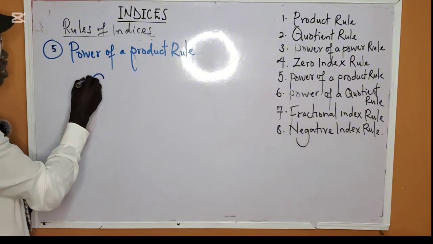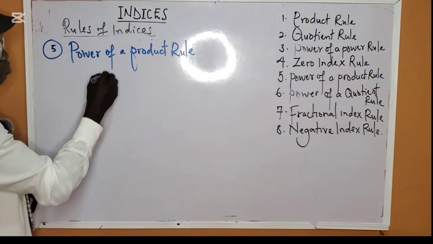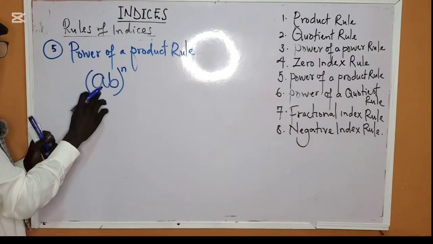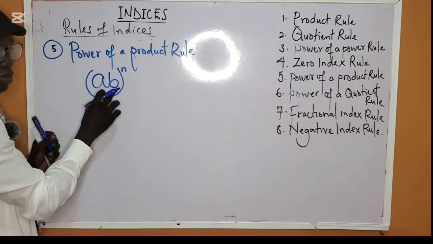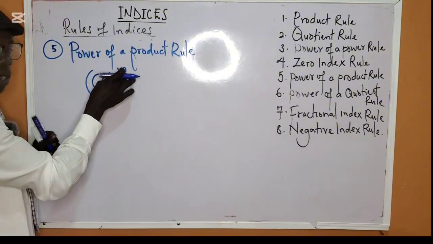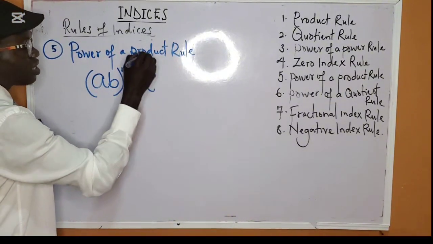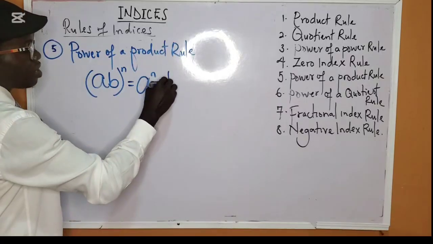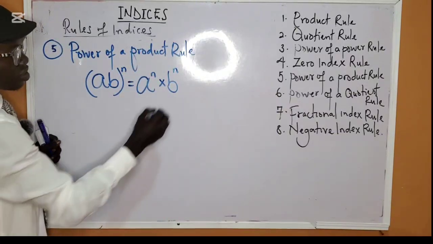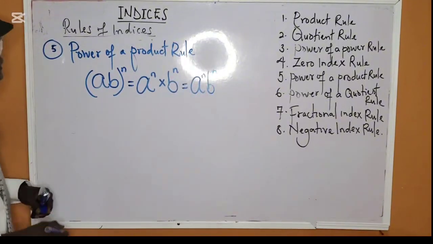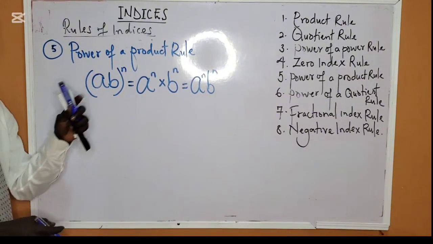When we have a times b, they are multiplying each other, all in bracket, raised to the power of n, we can distribute the power to have a raised to the power of n multiplied by b raised to the power of n, which is equal to a^n b^n. That's for the power of a product rule.